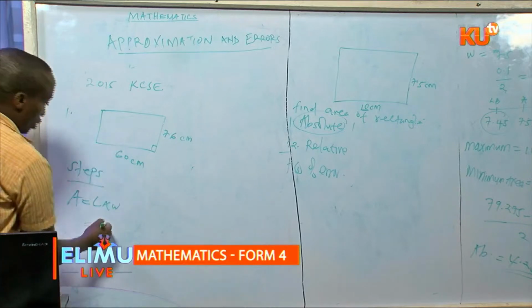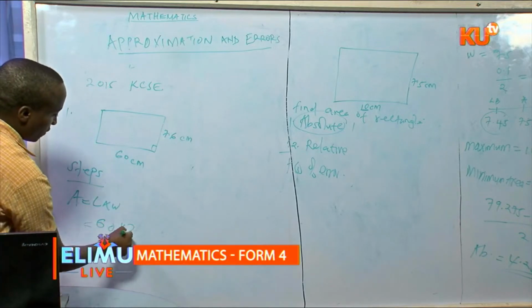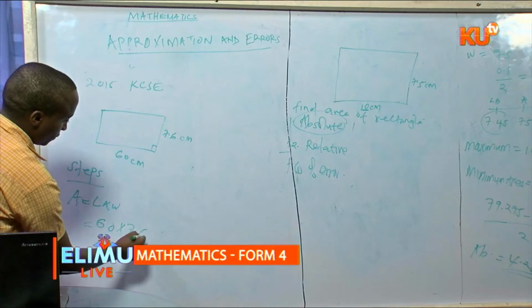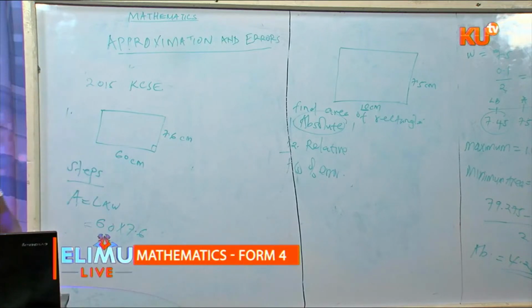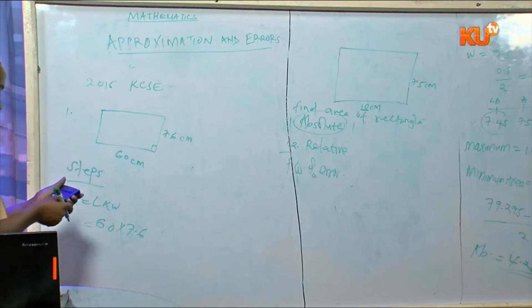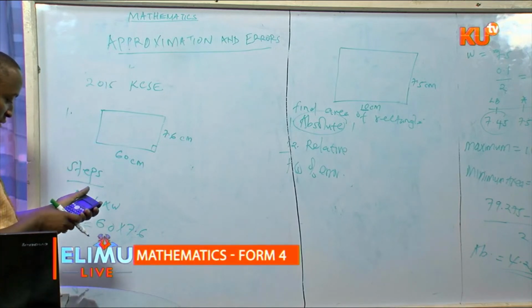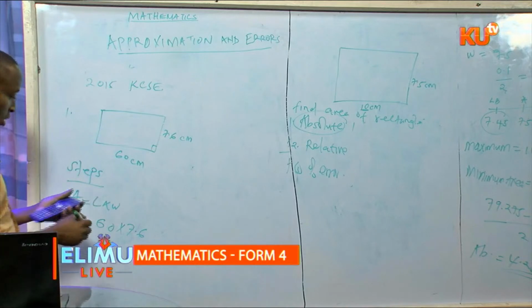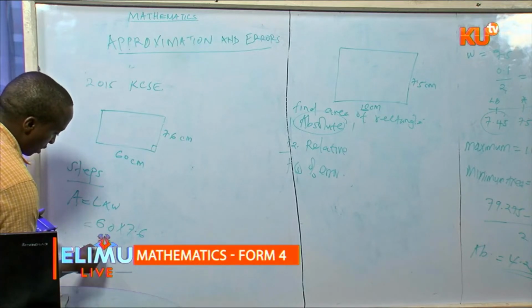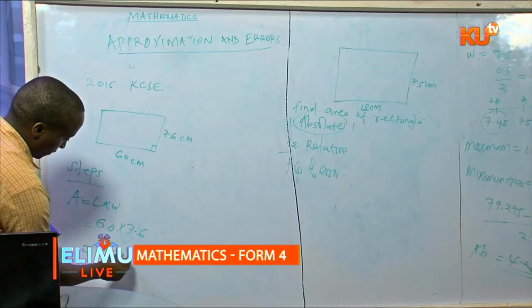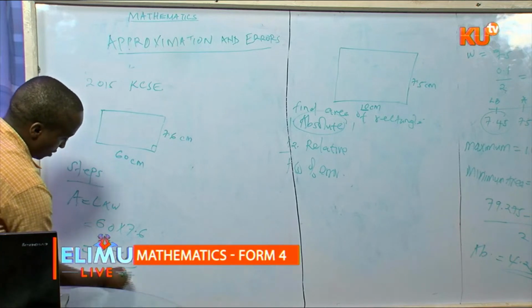So it will be 60 multiplied by 7.5. Just use your calculator, to be very simple, and you get the actual area in centimeters squared.